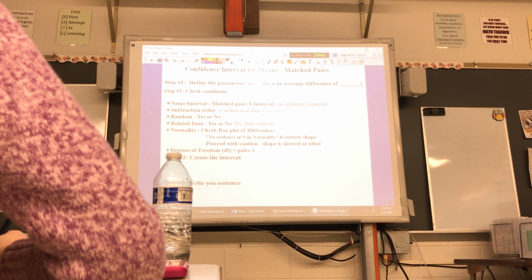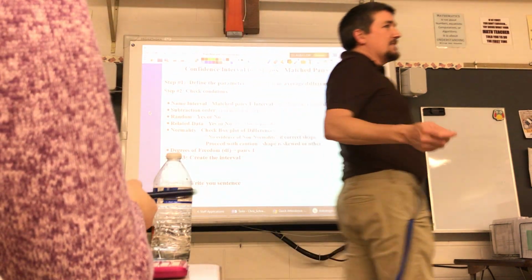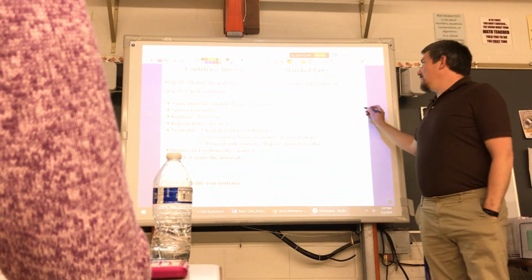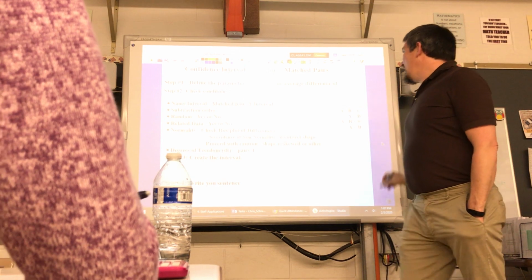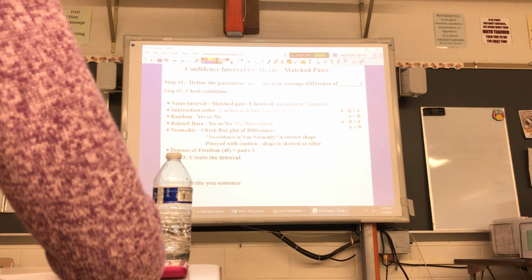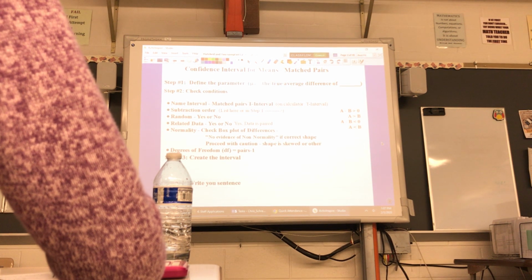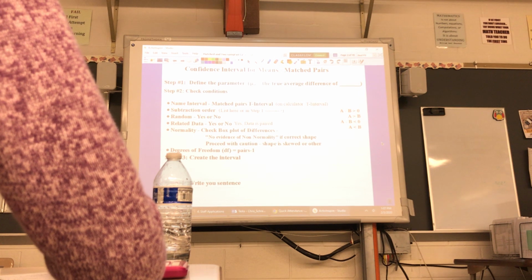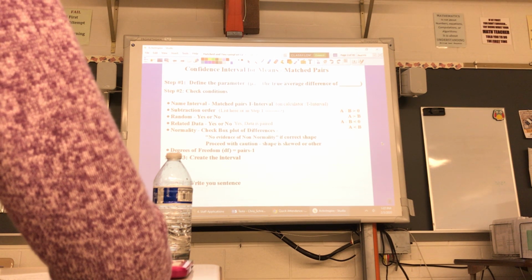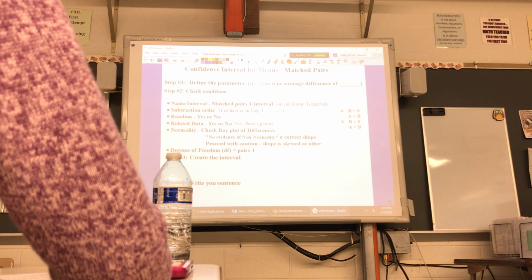Now, the significance of subtraction order comes from the fact that we're doing differences. We're going to add and subtract data. So if I subtract A data set versus B data set, and in the end my result is greater than 0, hence positive, that tells me that whatever A was is greater than what B was.